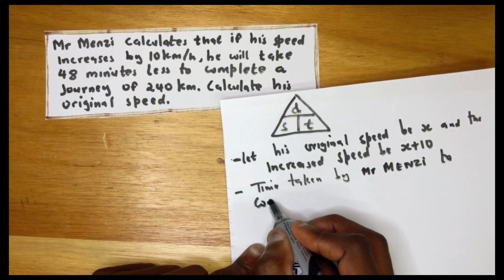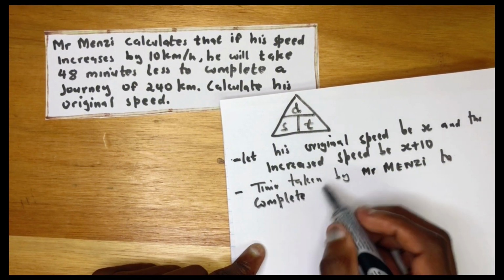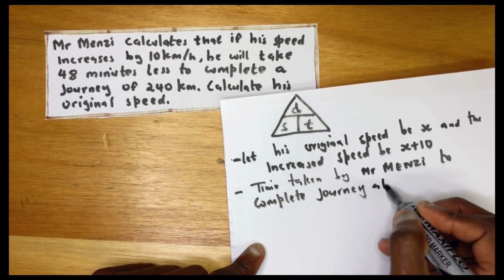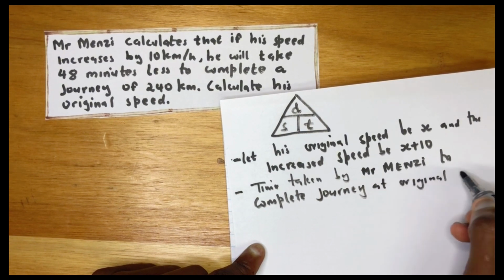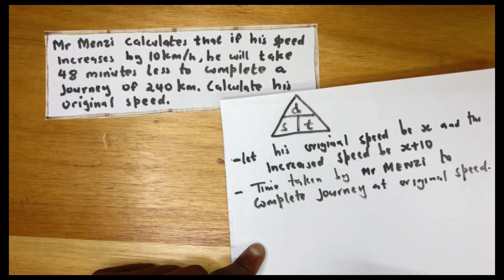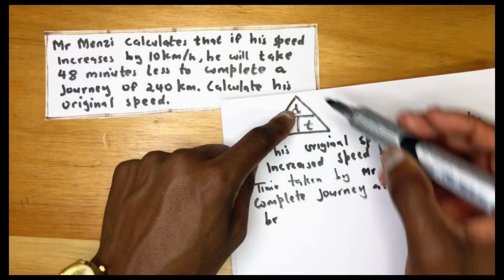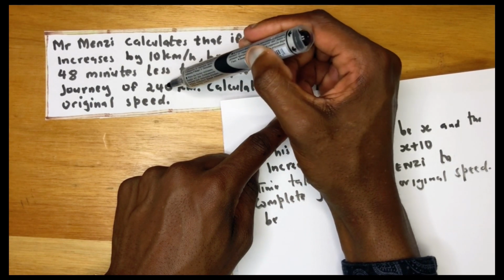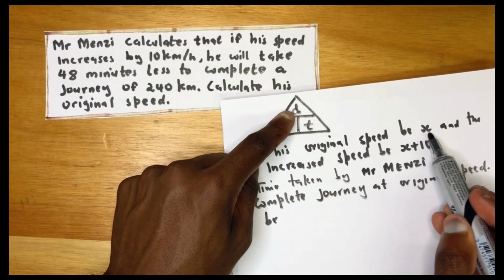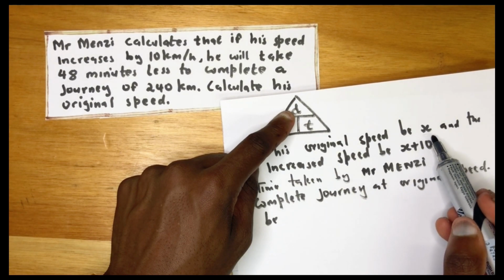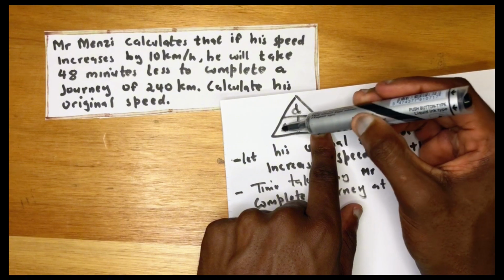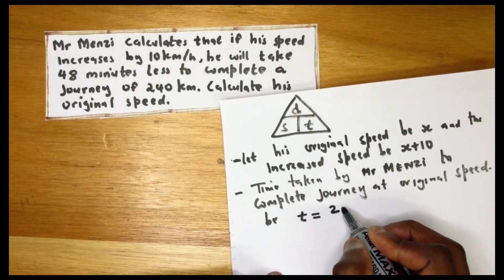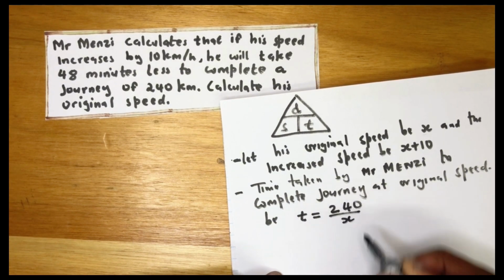The distance covered is 240 kilometers, and the original speed was x. If I'm looking for the time taken, the time is going to be distance over the speed, which means our t in this case is going to be 240 over x.